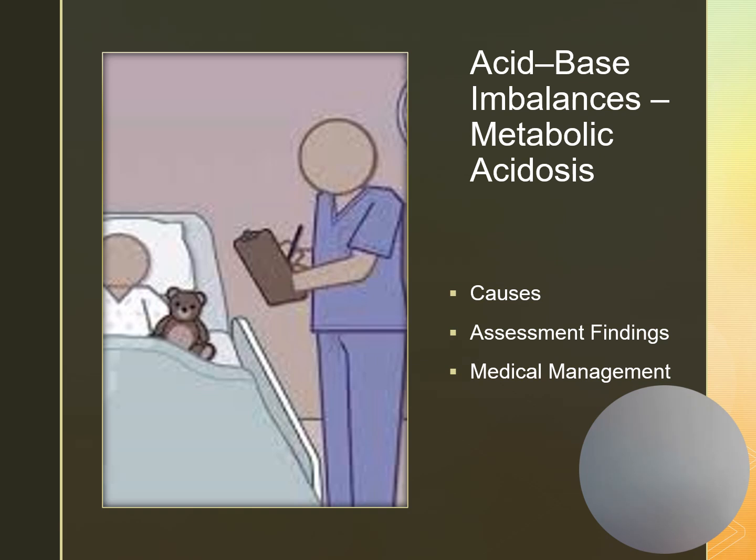These clients are going to have deep and rapid breathing, or Kussmaul's breathing, because the client is trying to get rid of acid by blowing off carbon dioxide, which is an acid. They may have nausea, a headache, flushing of the skin, abdominal pain, and weakness.